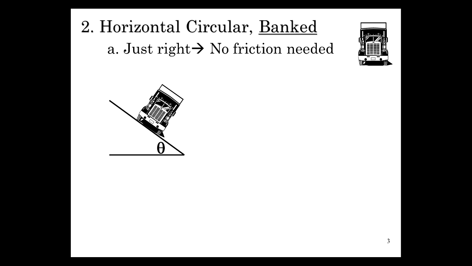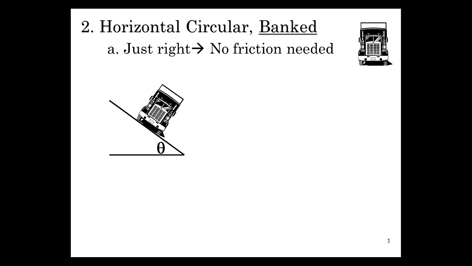The just right speed is when you're moving at that speed where it just coasts around this thing. It's not tending to slide down nor up, because it's not going too fast or too slow. So that's the just right speed. Well, what conditions exist then?